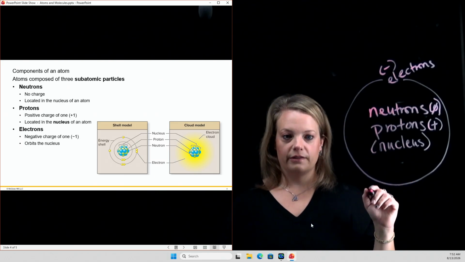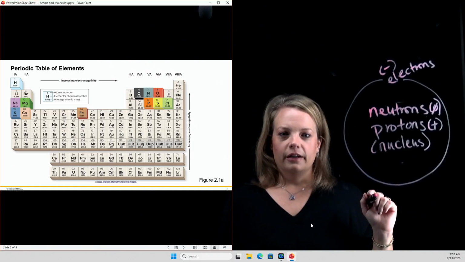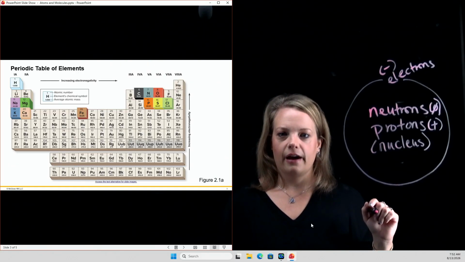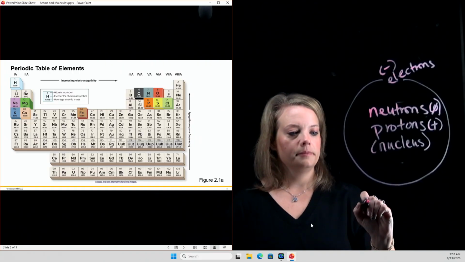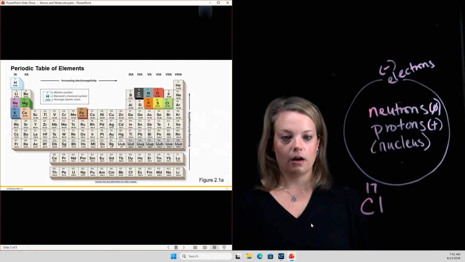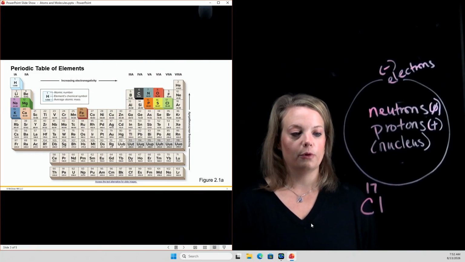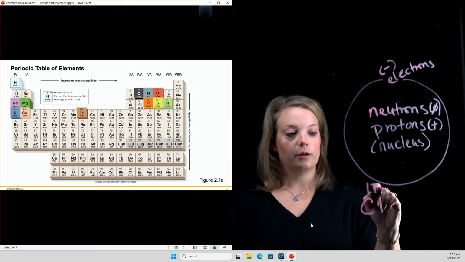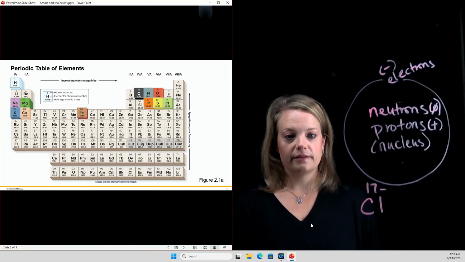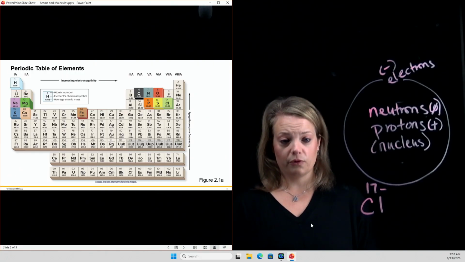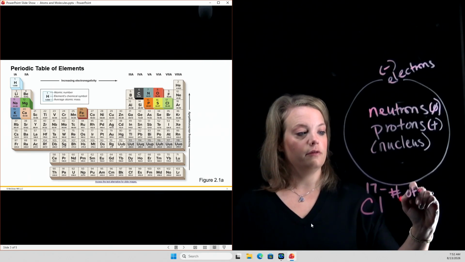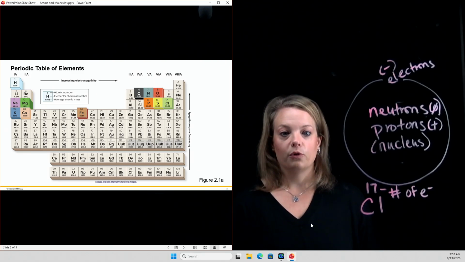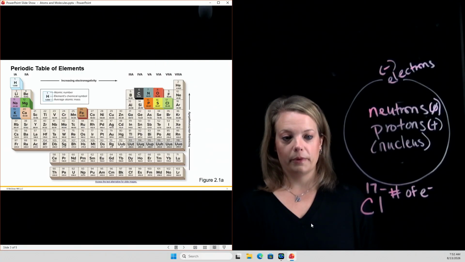For example, if we look at chlorine, you see that number 17 on top of the atomic symbol. That is the number of protons, but since the number of protons equals the number of electrons, this also represents the number of electrons, which again will become important when we talk more about chemical bonds.